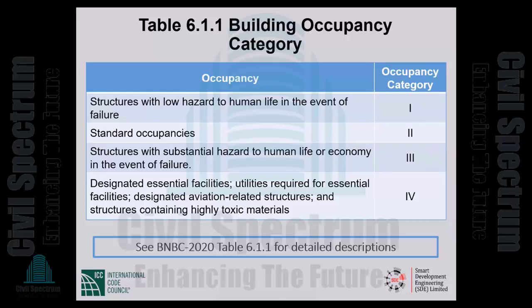They are defined in table 6.1.1. The occupancy category 1 is unimportant buildings where no life safety is at stake. Occupancy category 2 is standard occupancy building, apartments, office buildings, and so forth. 3 is assembly buildings where a lot of people congregate in one space at one time. 4, essential facilities or hazardous facilities.